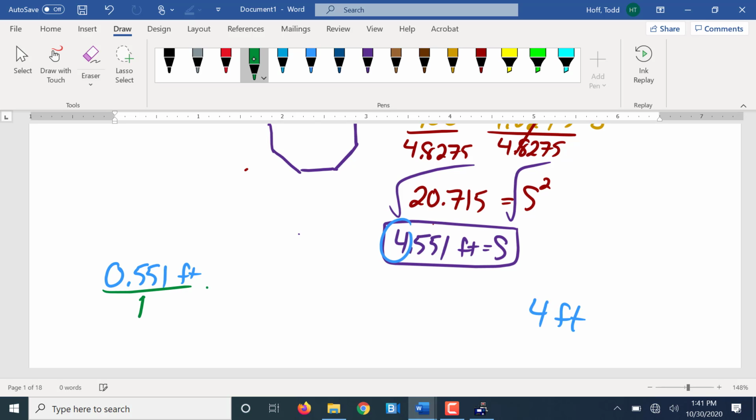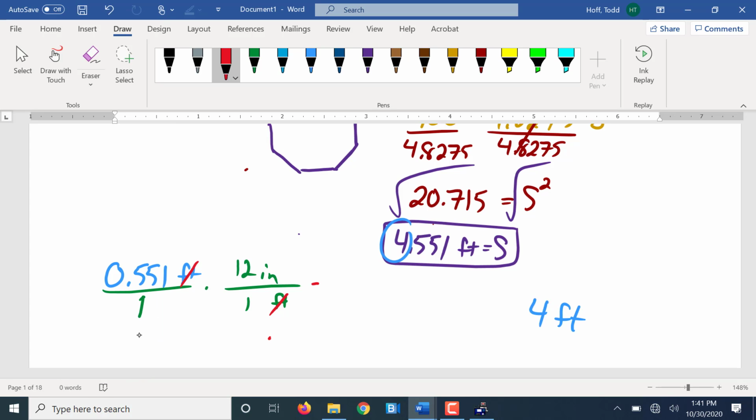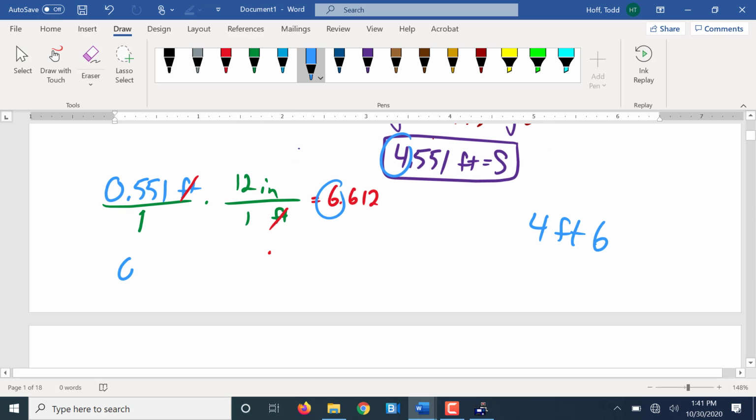There we go. We put that over 1 to convert it. We got feet on bottom, 12 inches on top. So yes, 0.551 times 12. 6.612. So that's 6 whole inches. What do we do with the 0.612?